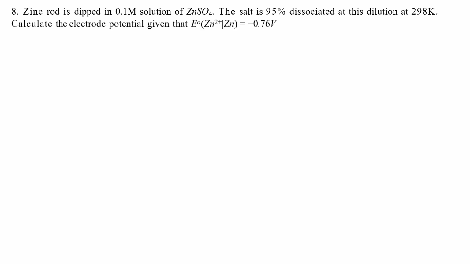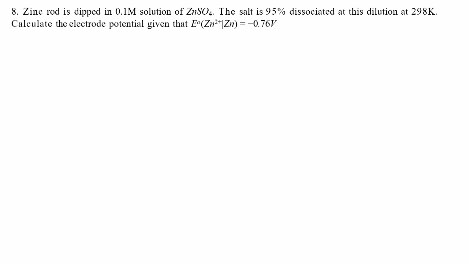It says a zinc rod is dipped in 0.5 molar solution of zinc sulphate. The salt is 95% dissociated at this dilution at 298 K. Calculate the electrode potential, given that the E naught value for Zn 2 plus to Zn is minus 0.76.